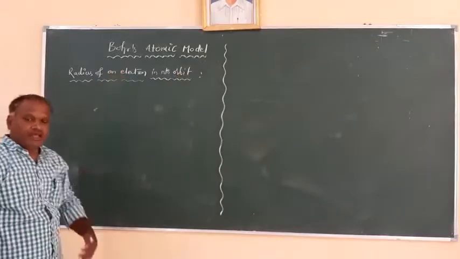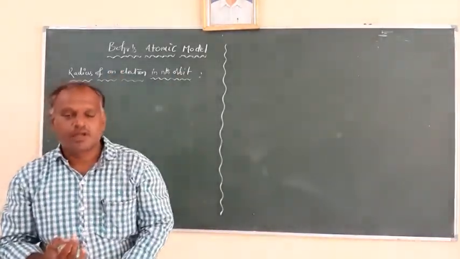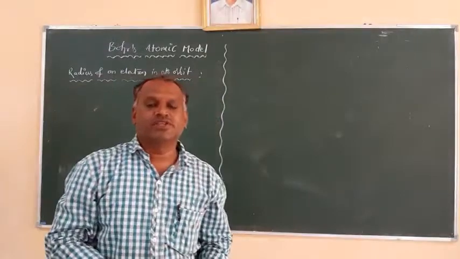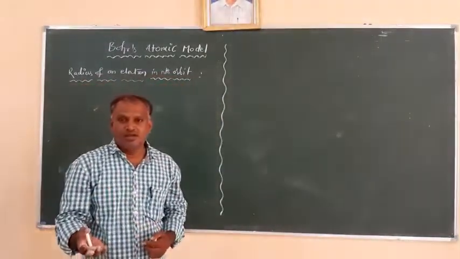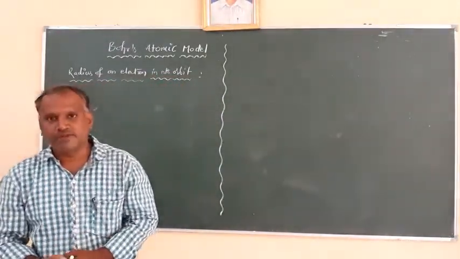Now consider an electron having mass m and moving with velocity Vn in that orbital path, and the radius is Rn.